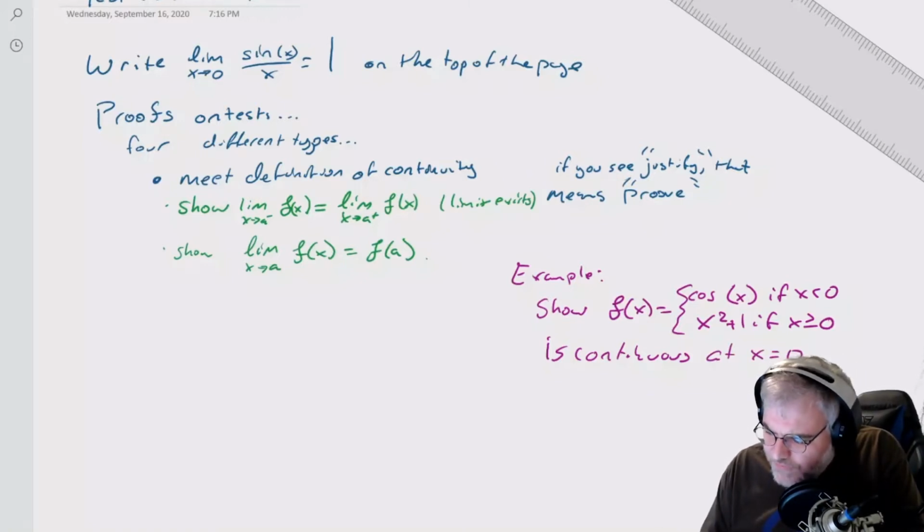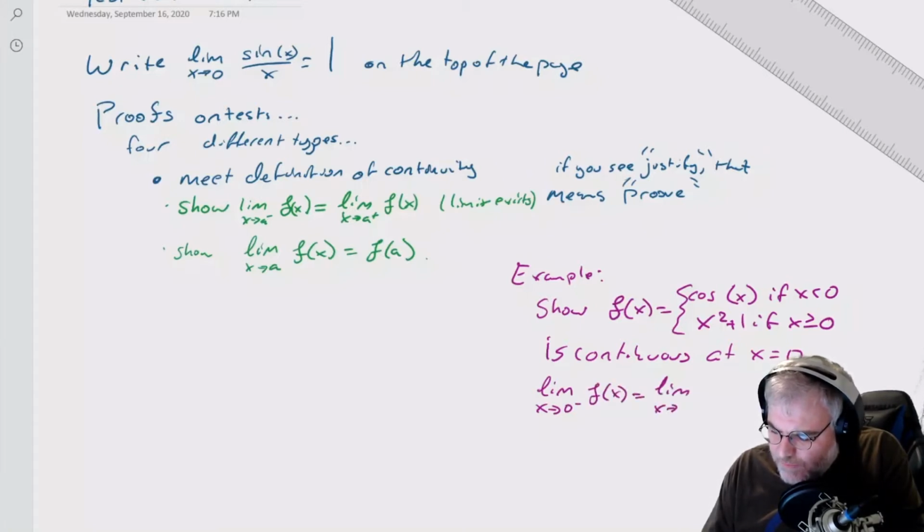Well, I need to show that the limit from the left equals the limit from the right equals the value of the function. So I need to just walk through it. So the limit as x goes to 0 minus of f of x equals the limit as x goes to 0 minus of cosine of x equals cosine of 0, because it's trig, so I can direct sub on a trig, which equals 1.